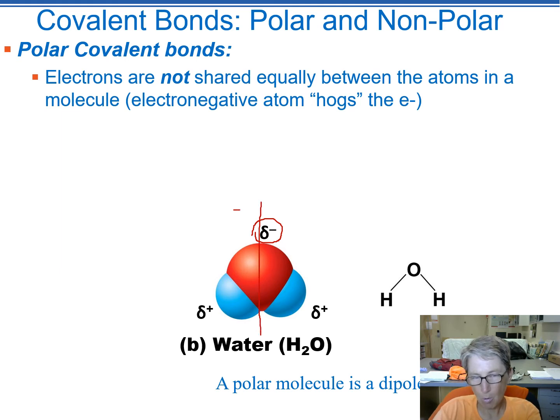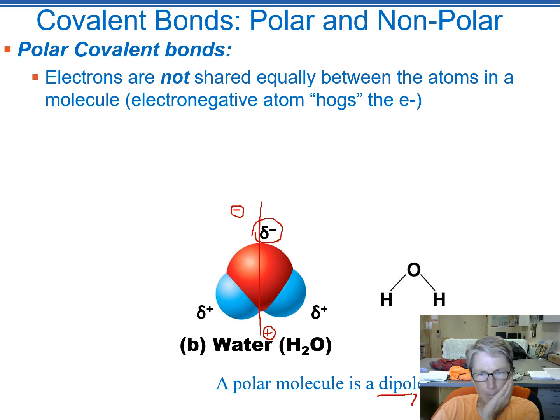You'll have a negative pole where the oxygen is, and then you'll have a positive pole where the hydrogens are. That's why they call it a polar covalent bond. And they also call this structure a dipole. So D-I-P-O-L-E. But this polar molecule is called a dipole.